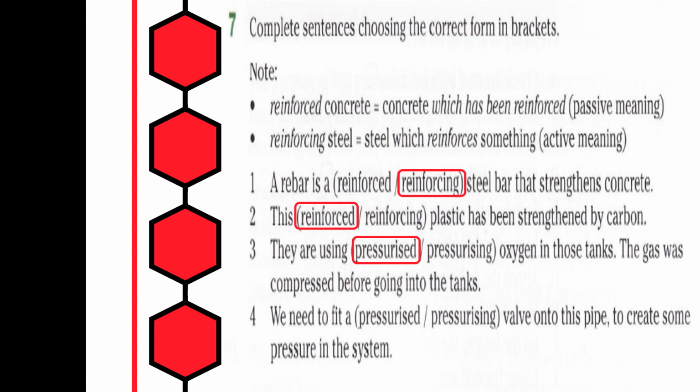The gas was compressed before going into the tanks, so here it has a passive meaning. Last one, we need to fit a pressurizing valve onto this pipe. Why? To create some pressure in the system. In this sentence, it has an active meaning.